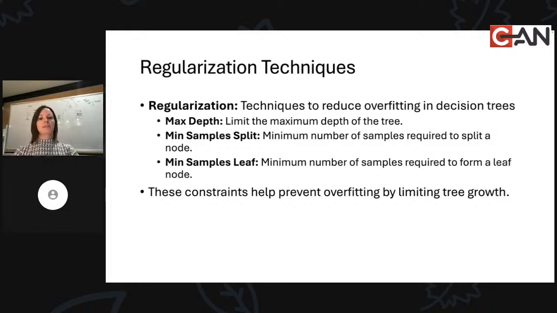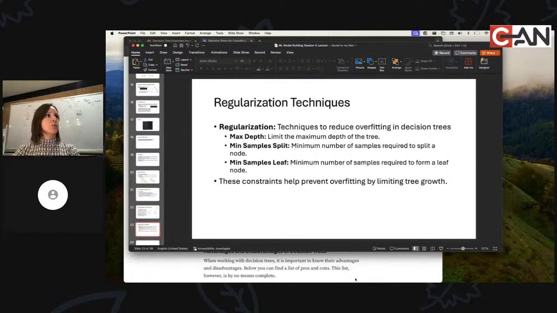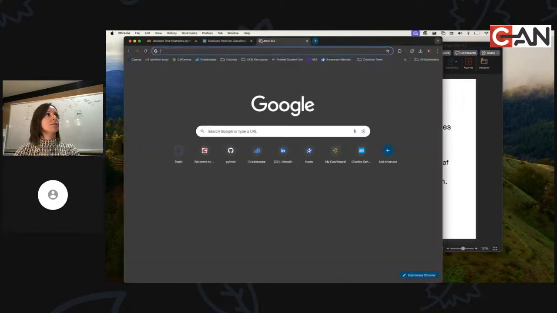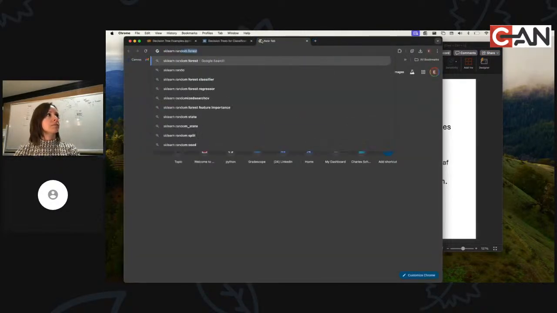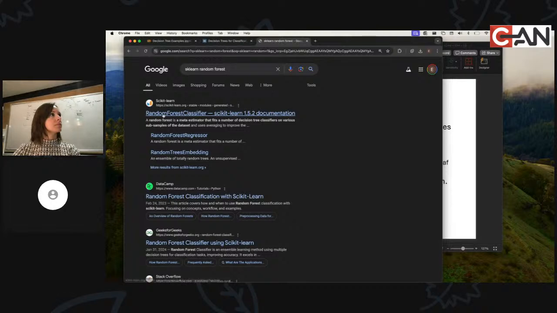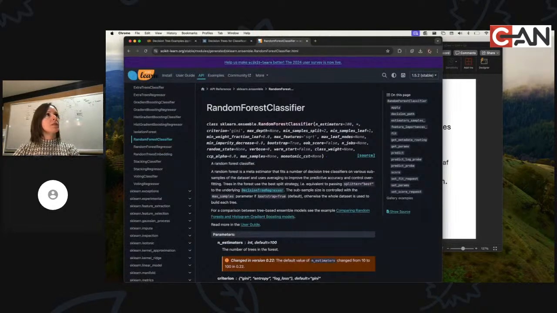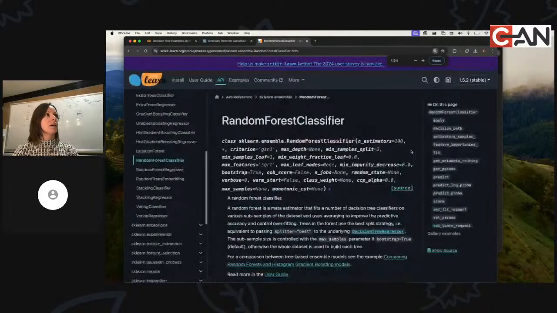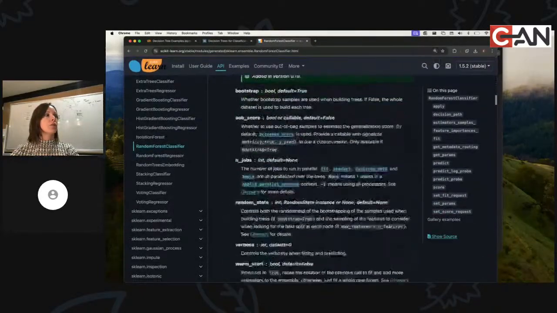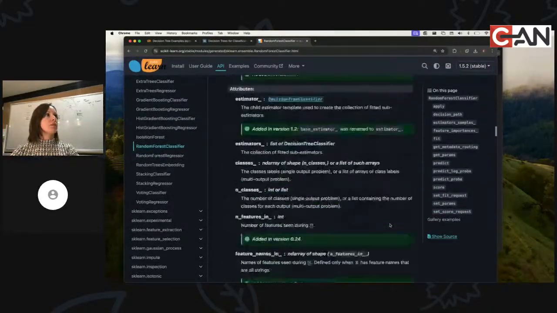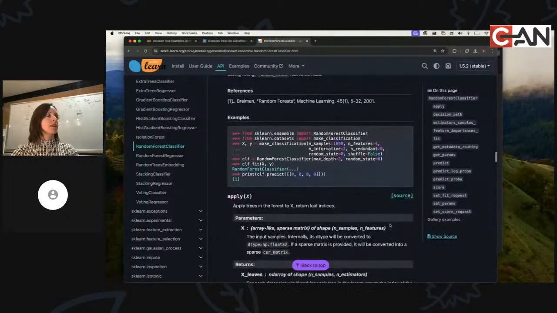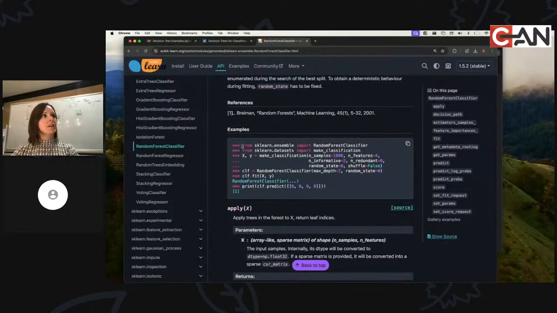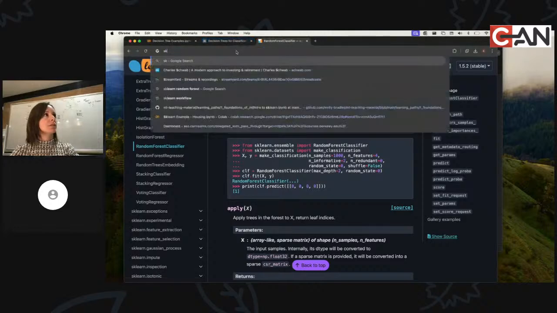These are all things that you can set in sklearn. So if we go to sklearn, Random Forest, here is your Random Forest classifier, and just like all of the things within sklearn, you can scroll all the way to the bottom here, and there should be some example code of how to implement it.